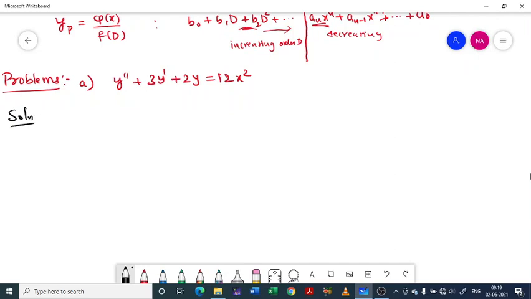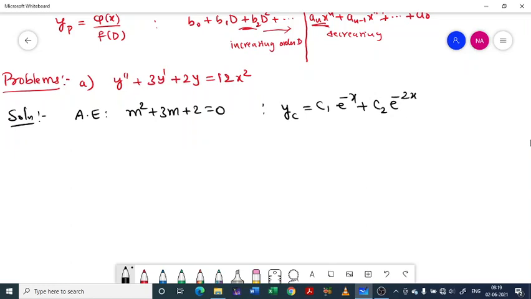Auxiliary equation is m square plus 3m plus 2 equal to 0, and solving this you get the complementary function to be c1 e power minus x plus c2 e power minus 2x. Now to find yp.